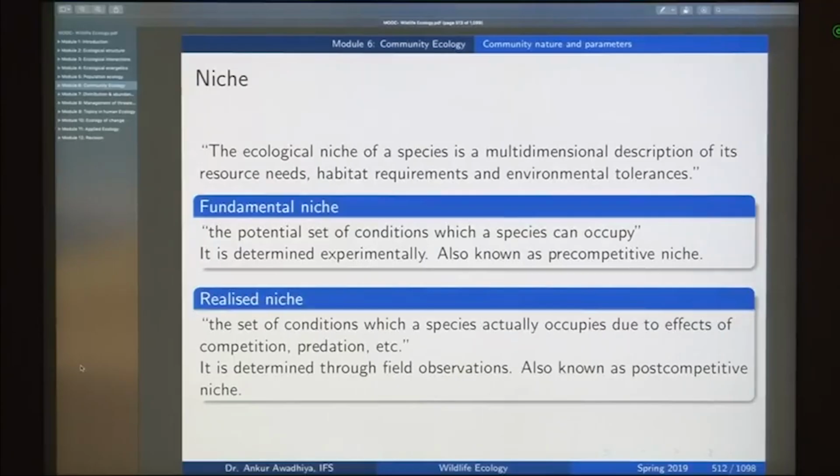So, fundamental niche is a set of all the conditions that the species can potentially occupy, and we can determine it experimentally. But then in nature, when the species are competing with each other, they are not able to occupy all the niches that are possible, and so the niche that is actually occupied goes by the name of the realized niche or the post competitive niche.